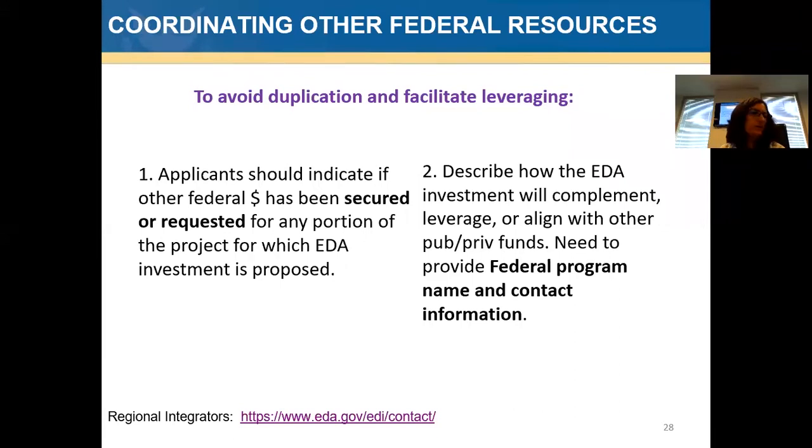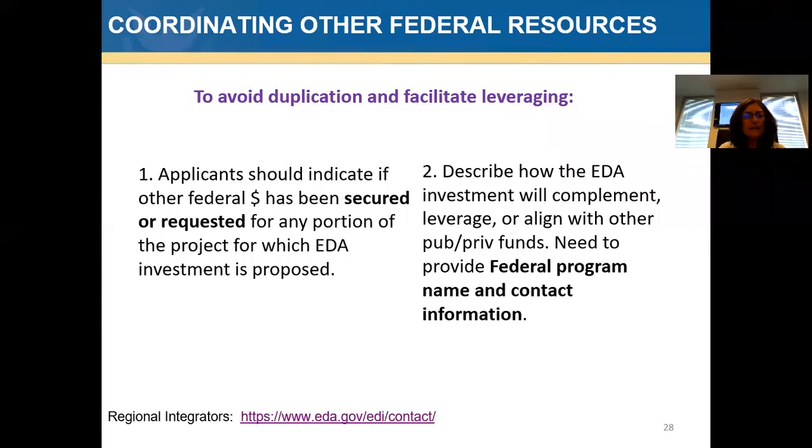That could include USDA, that could include HUD, that could include FEMA. And to reduce the confusion that might result, the competition for match, and just to keep us aware of opportunities to leverage, we know that some other agencies have a lot more money to give out than we do.